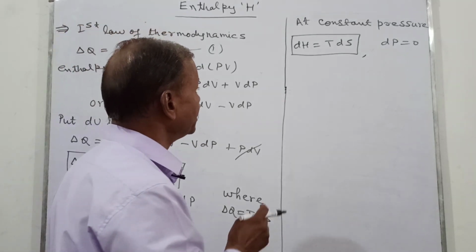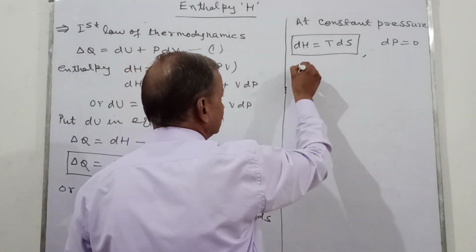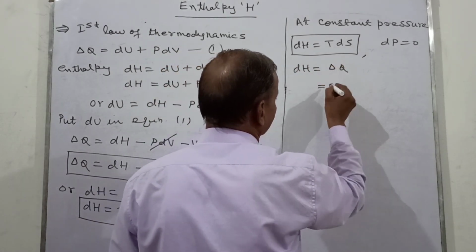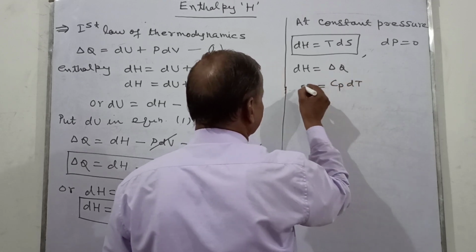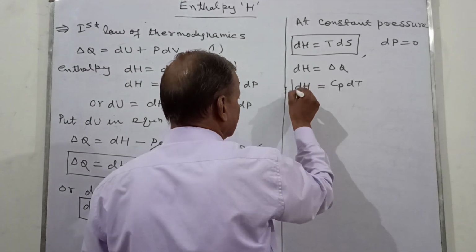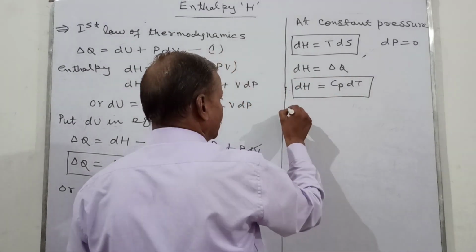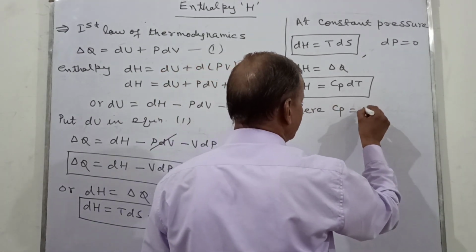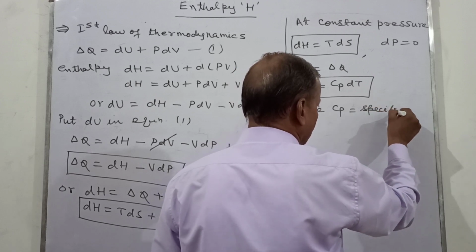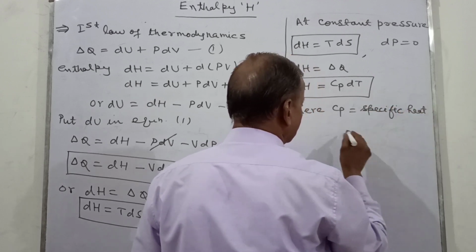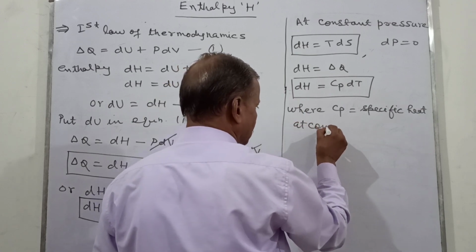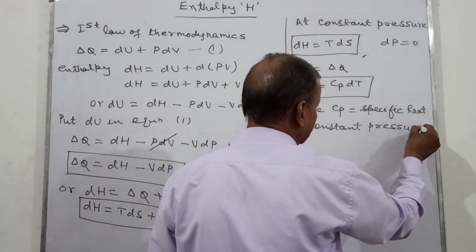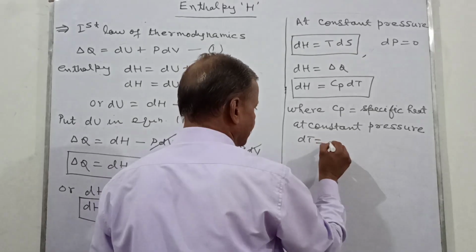So TdS is equal to delta Q. So dH equal to, this is now your delta Q and this is now your Cp dT, where Cp is the specific heat at constant pressure, dT the change in temperature.